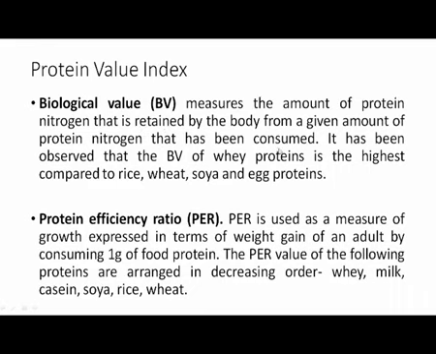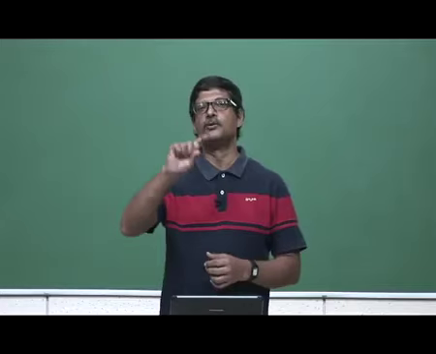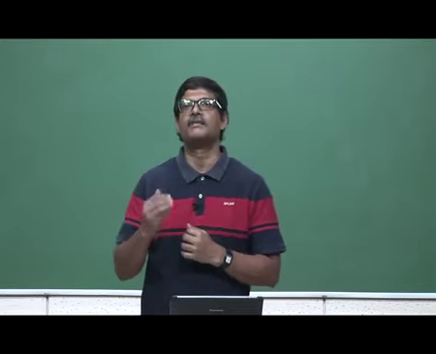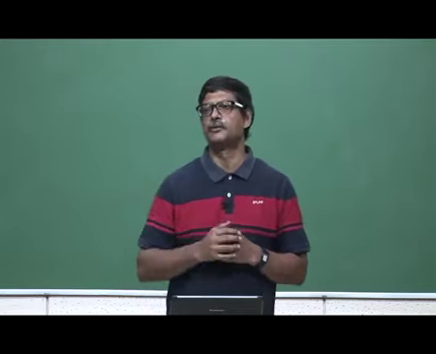So, if you consume, let us say, 1 gram of that protein nitrogen, and then after some time you measure the amount of protein nitrogen that has been retained by the body, that ratio, the amount retained by the amount consumed, gives you what is called the biological value. That means, if the retained is less than what is consumed, then obviously the ratio is less than 1, and the biological value is lesser and lesser if the proportion is lesser and lesser than 1.